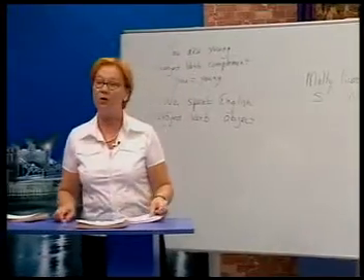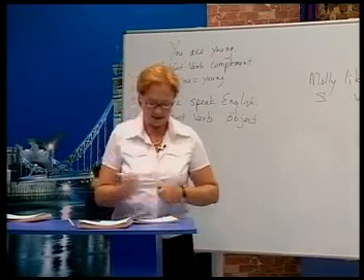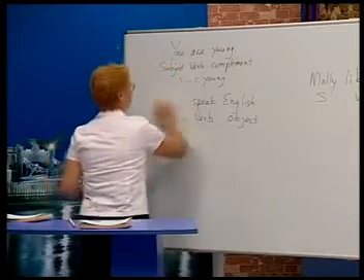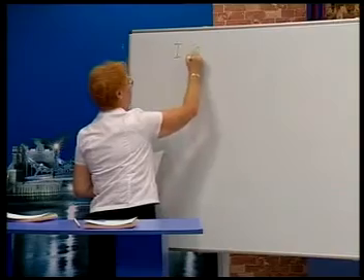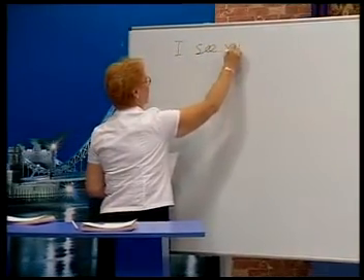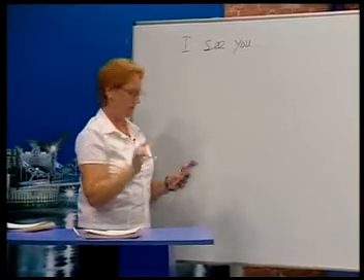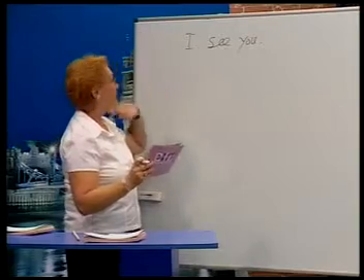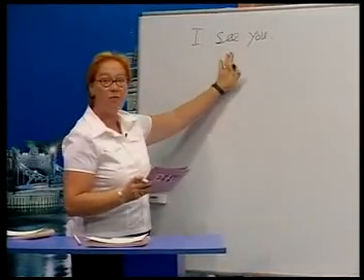Now, let's look at some more sentences. And notice that in English, let me show you the sentences first. Okay, first sentence. I see you. Notice that in English, there's always a subject and a verb.